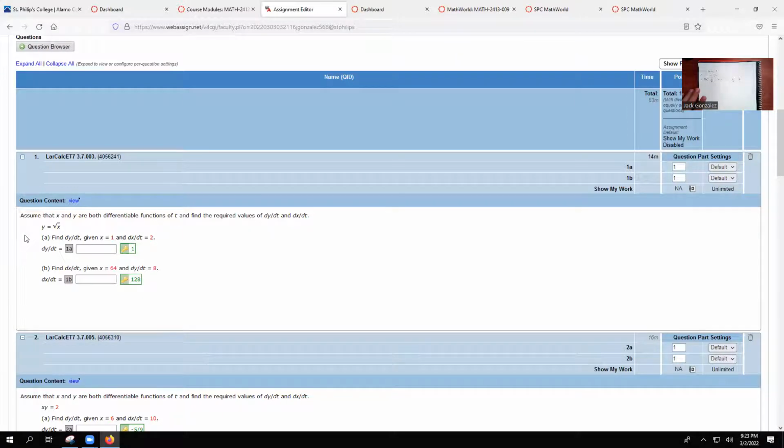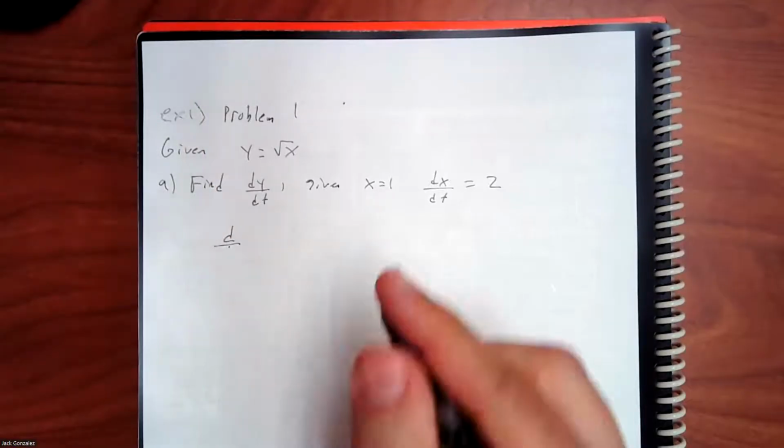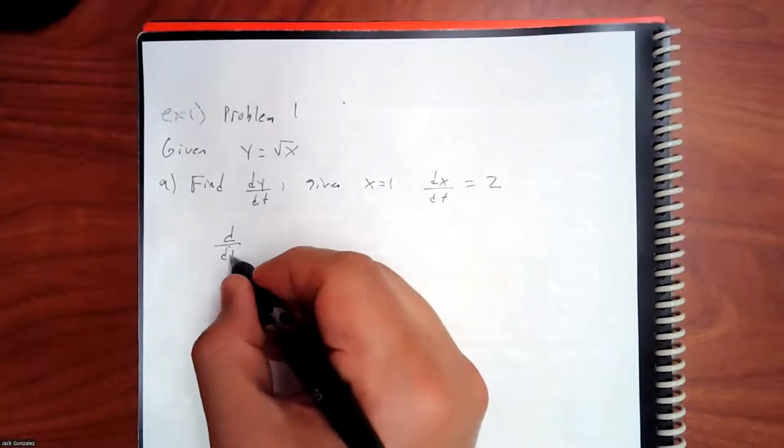All right. The first thing we've got to do is take the derivative of both sides with respect to time.